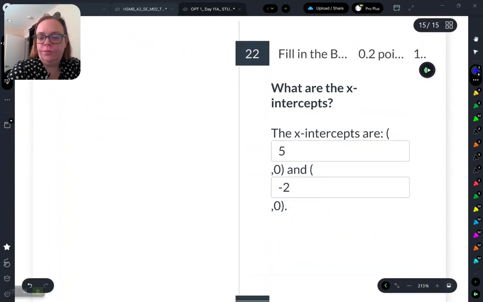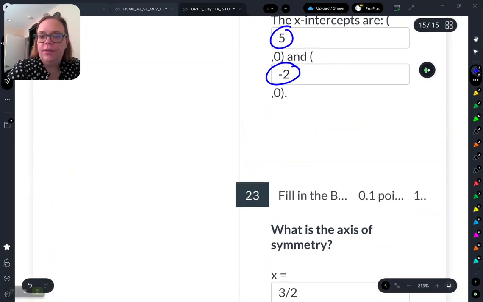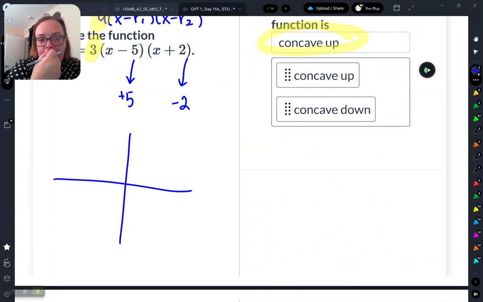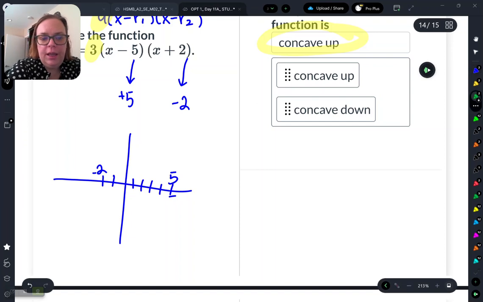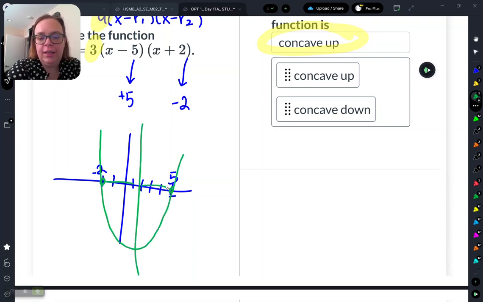And then how do we get the axis of symmetry? So doing this, you have the x-intercepts are at 5 and negative 2. Okay, and it's going to open up, so it's going to hit these two places. Now the vertex is going to be exactly halfway between these. So to get the axis of symmetry, you need to find the middle between negative 2 and 5.